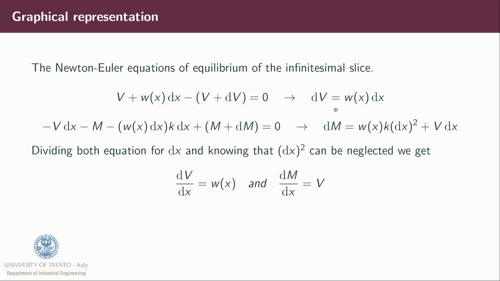So we have that dM is equal to w(x) k dx squared plus V dx. If we divide both equations by dx, and we know that dx squared can be neglected because it's an infinitesimal of the second order, we get that dV over dx is equal to w(x) and dM over dx is equal to V.